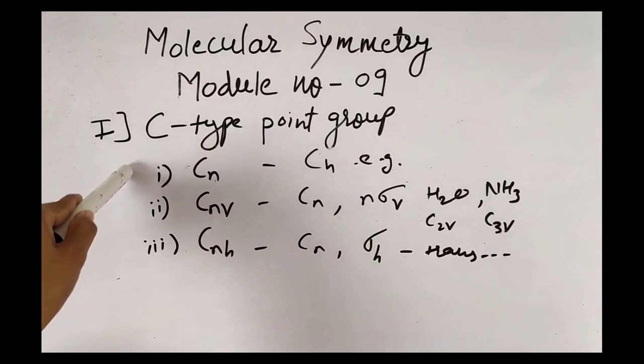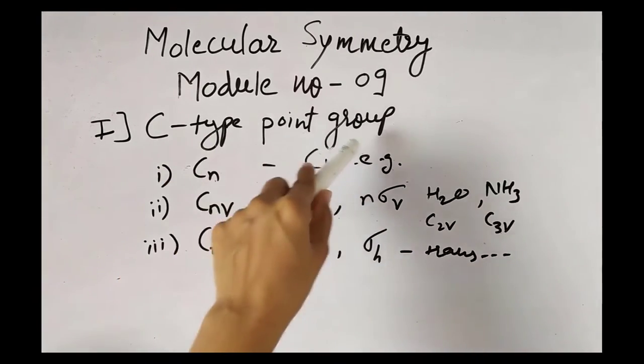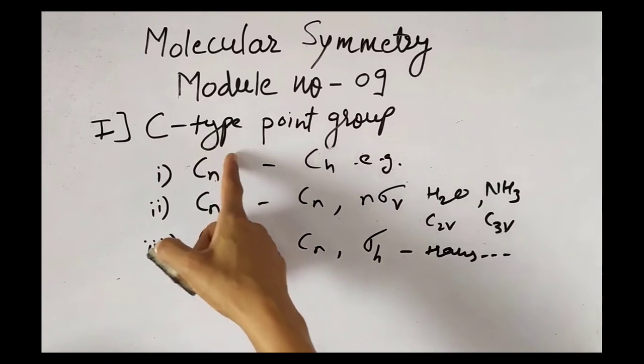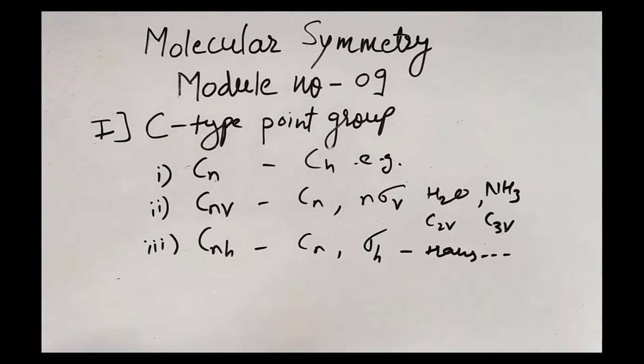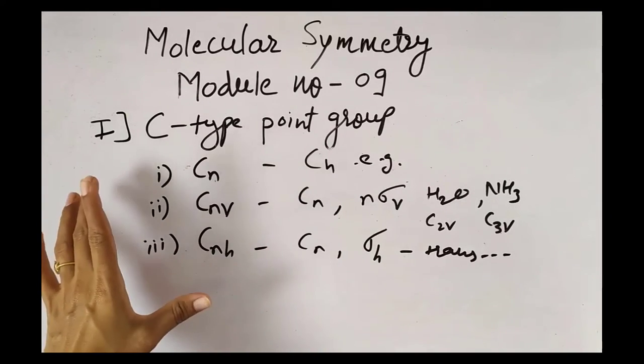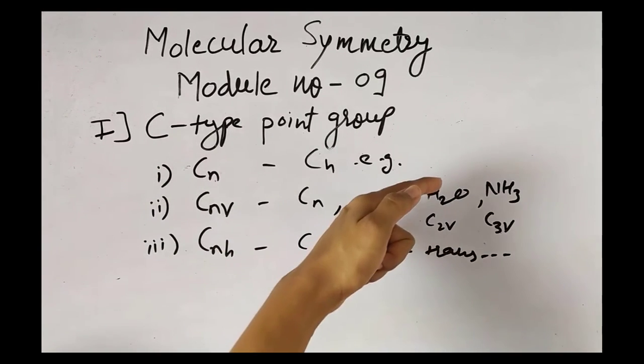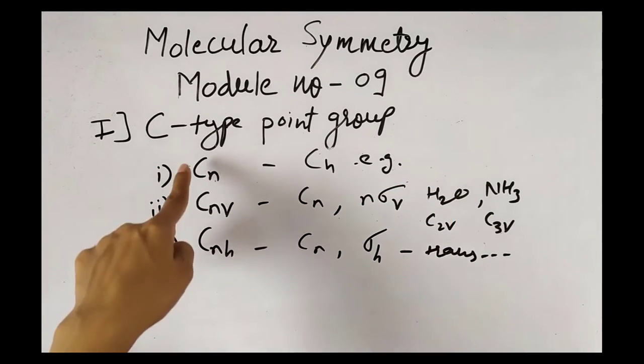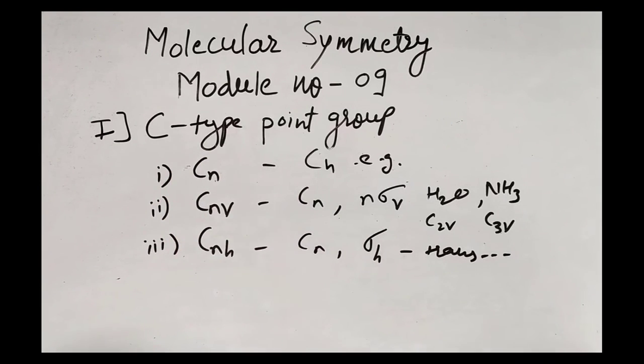So with this we have completed the first type of point group, the C type point group. Alright, now we'll start with the second type of point group in the next module. Till then, practice with various example molecules and try to get the point group for Cn, Cnv or Cnh. In the next module, we will see the second type of point group.